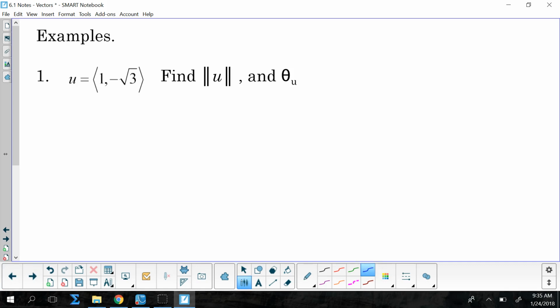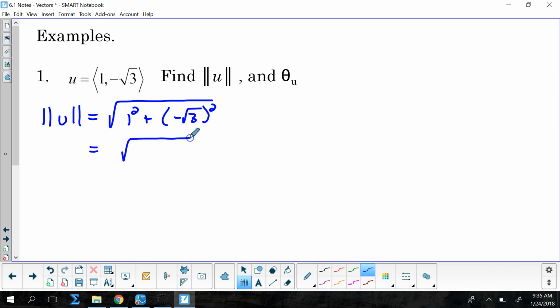Alright, so the magnitude of u is going to be the square root of the x part squared plus the y part squared. So that's going to be 1 plus 3, which is the square root of 4. So the magnitude here of u is 2.